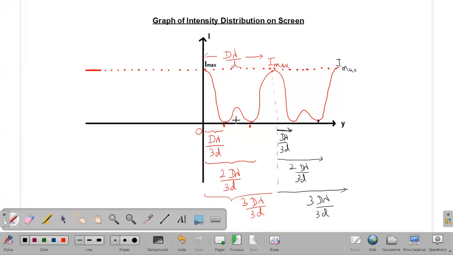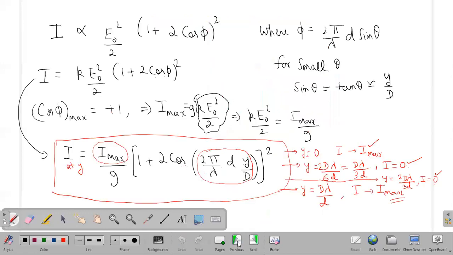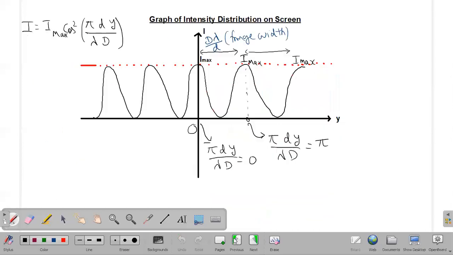And these points are basically local maxima. These are the local maxima of intensity, and the I maximum is called the primary maxima of intensity. So the primary maxima of intensity are still separated by the same distance D lambda over d, which was in the double slit experiment.